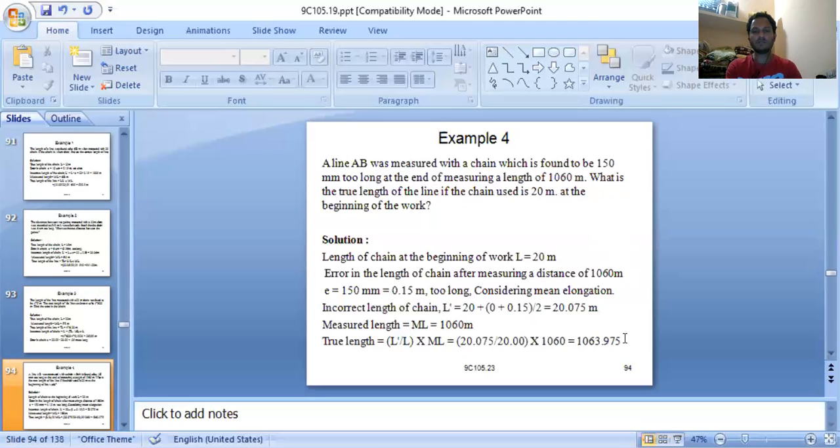After measuring 1060 meters with this chain, it is found to have an error of 150 mm. Therefore, we have to take the average error into account in calculation of the L dash value. Average is 0.075 meters too long. So here we have to substitute 20.075 in the place of L dash. So that is what we have to remember.